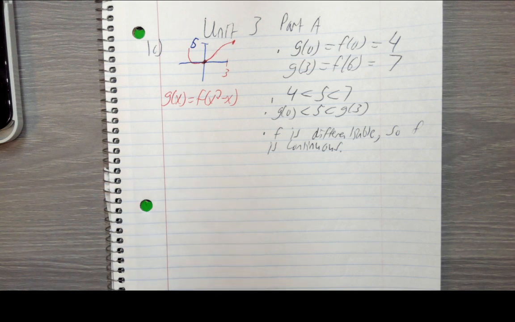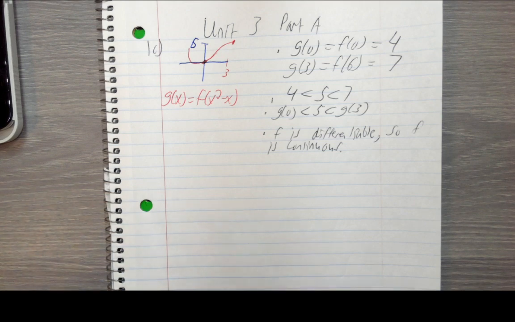Now, maybe you're thinking to yourself, well, that's great and all, but doesn't the question ask for g? Aren't we curious about g of c? And you're right. But we need to understand this, because g of x is equal to the composite function of f.